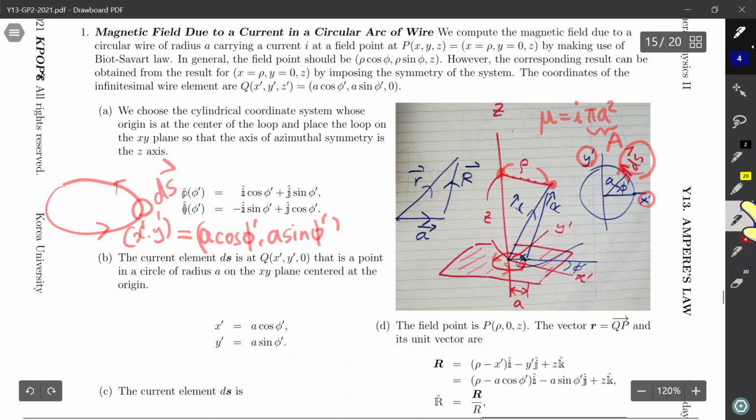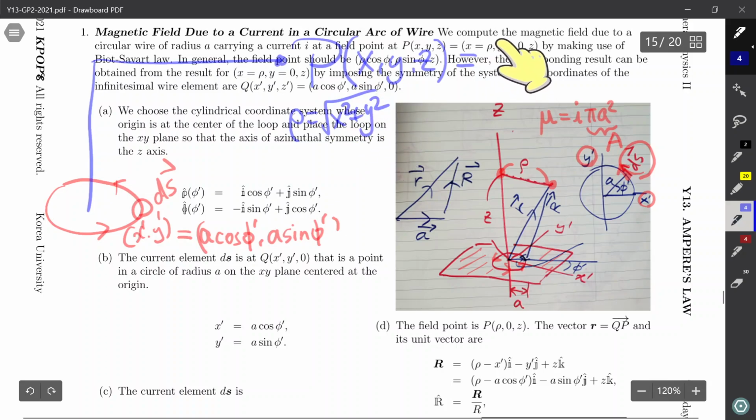And we have field point P. Field point P, this is x, y, z. Here rho equals the square root of x squared plus y squared. For simplicity, we choose rho, 0, z. And then we integrate over the circle to find the magnetic field.